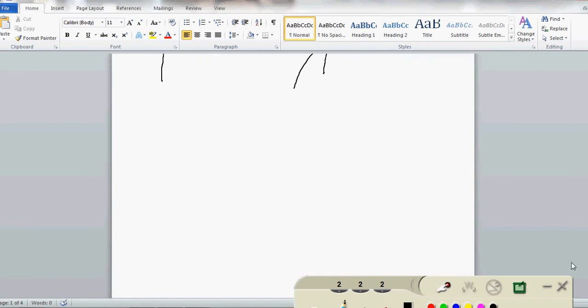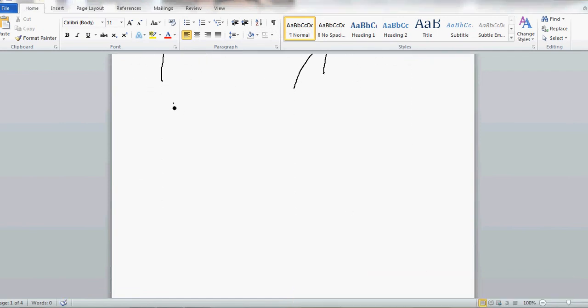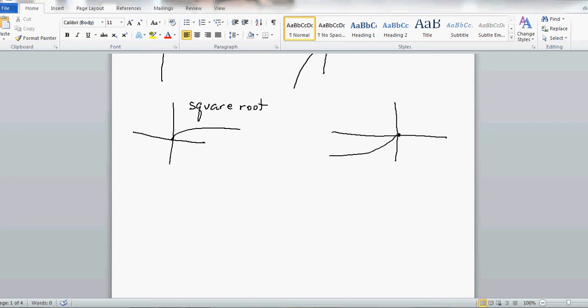Continuing with more families, we get the square root function. The square root function looks a lot like that. Notice it stops right here at 0. So this is the square root function. The cube root function does not stop. It looks something like that.